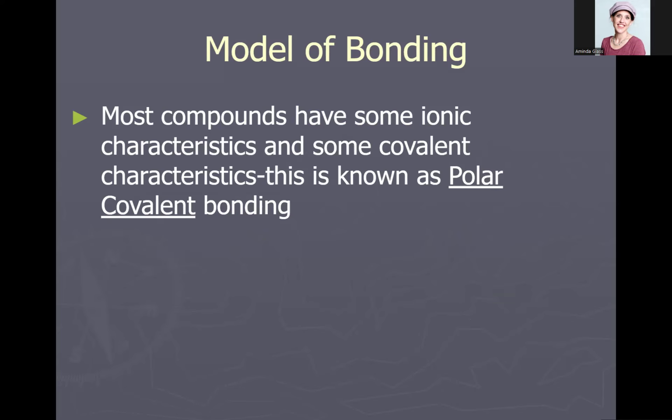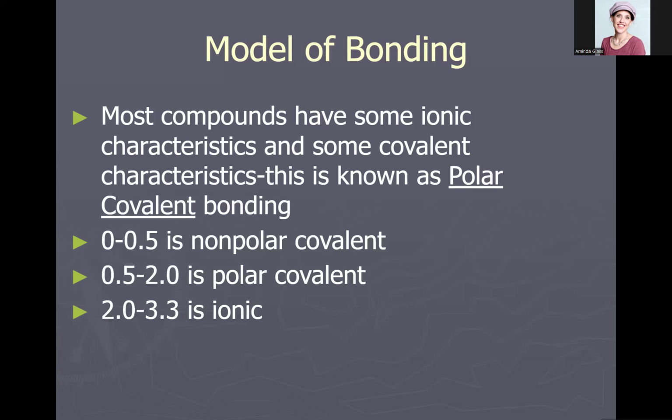Now, most compounds have some ionic characteristics and some covalent characteristics. This is called a polar covalent bond. Now, there is a range of electronegativity differences to determine what type of bond you have.